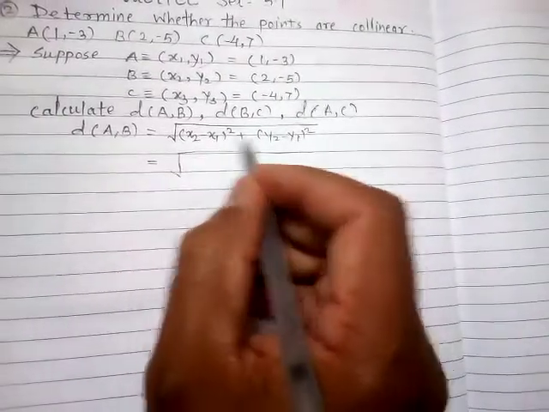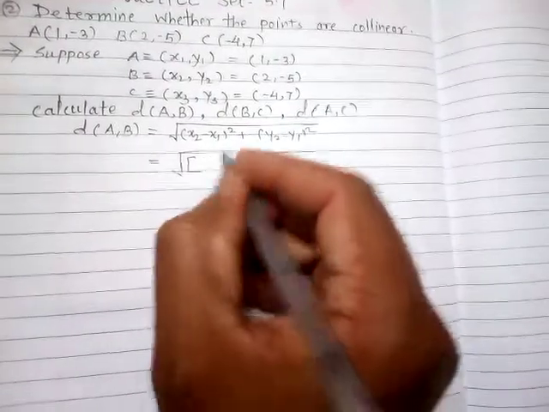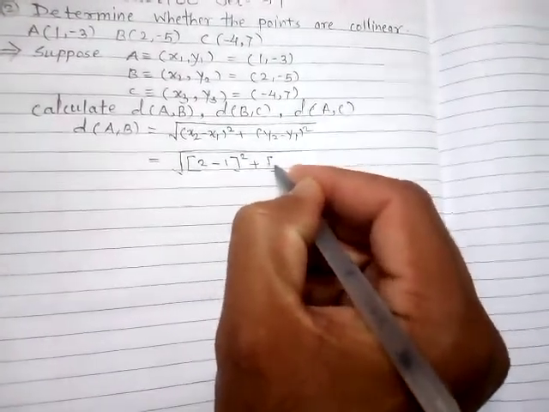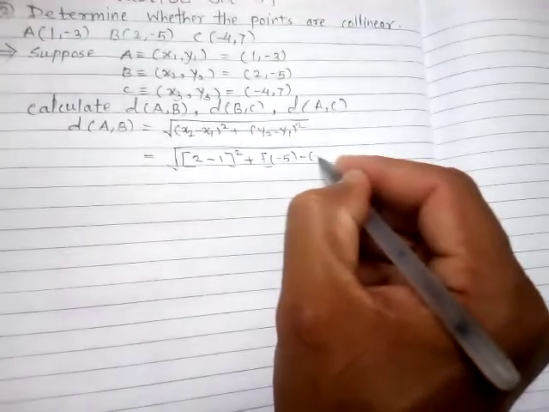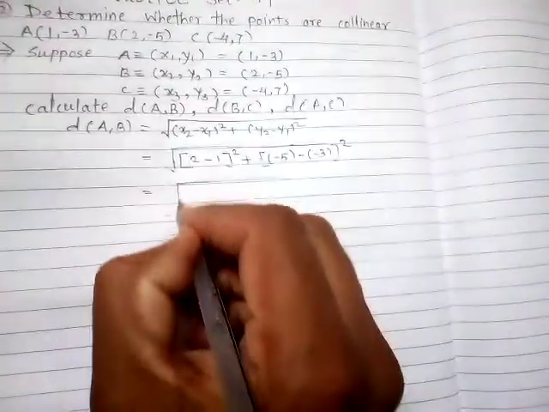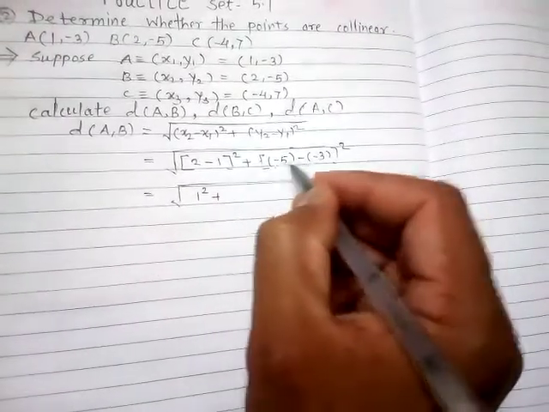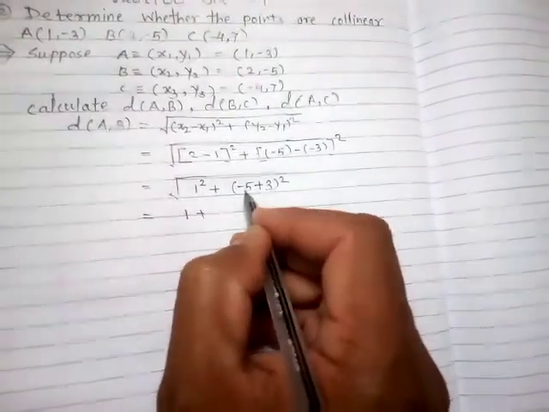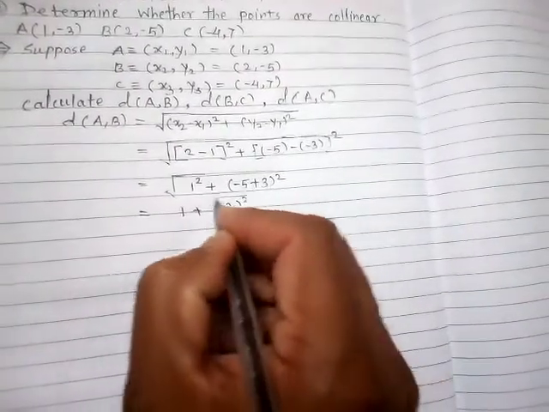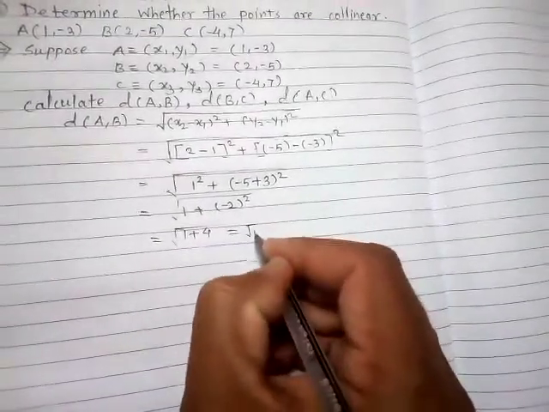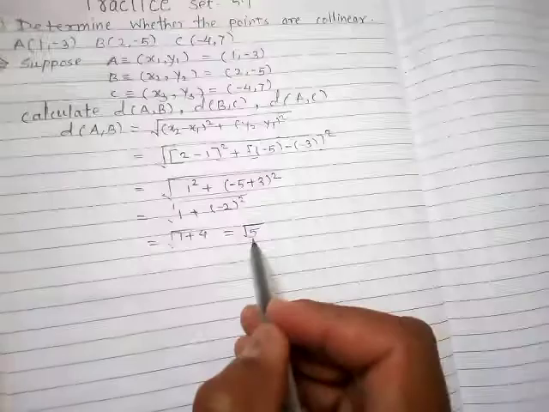Putting the values: (2 minus 1) squared plus (-5 minus 3) squared. 2 minus 1 becomes 1, squared, plus (-5 minus plus 3 ... ) that becomes (-5 + 3), which is -2, squared. 1 plus 4 is 5, so the root of 5. That means distance AB is equal to root 5.